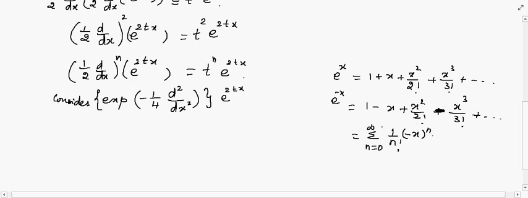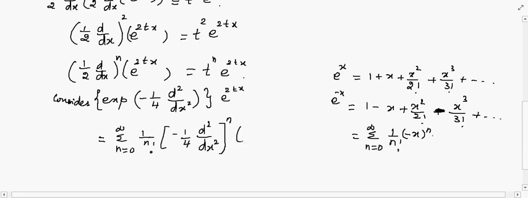Okay, we are going to apply this to this expression. So it is equal to exponential of this term, which will be sigma n equal to 0 to infinity 1 by n factorial into minus 1 by 4 d square by dx square of whole power n of e power 2tx.